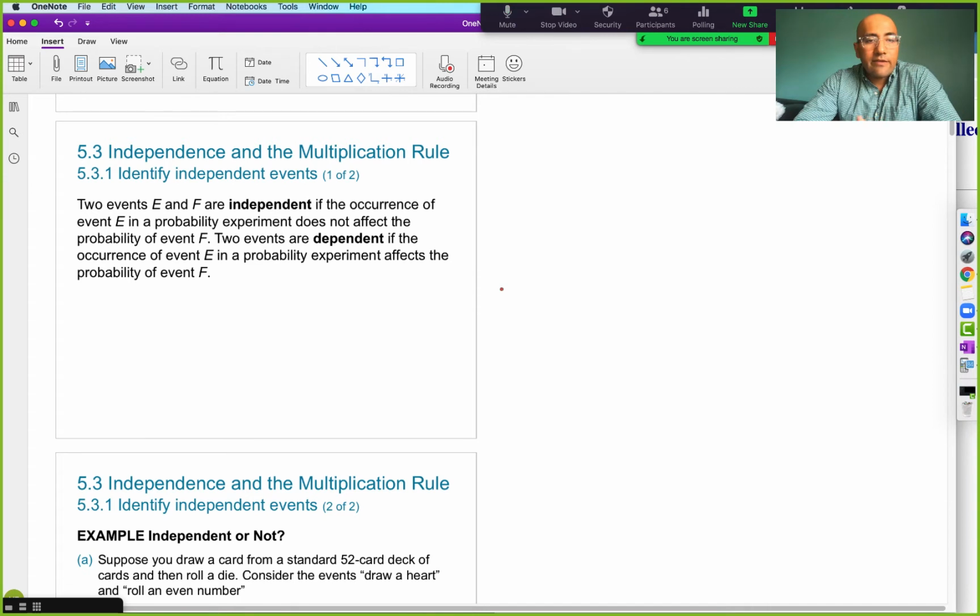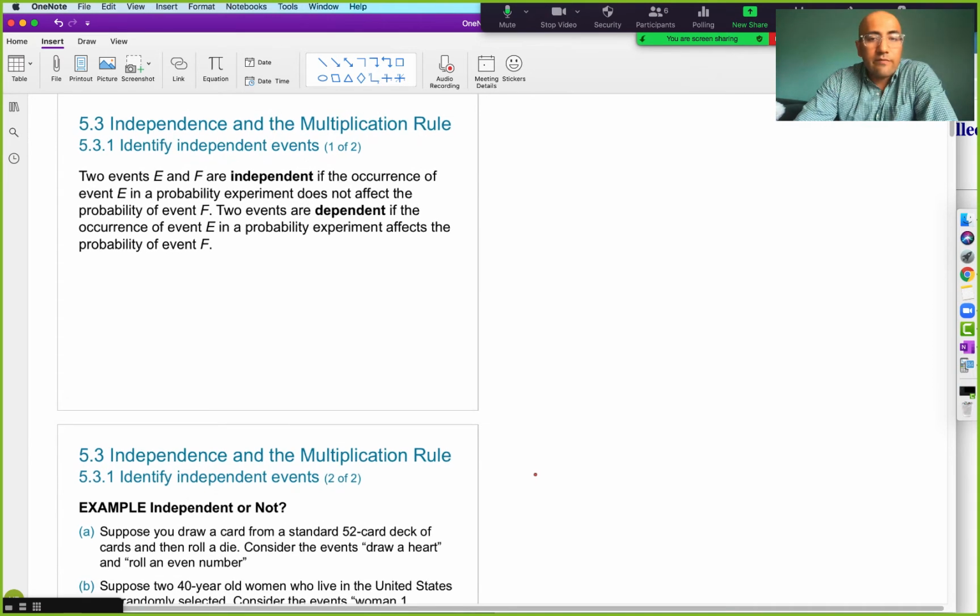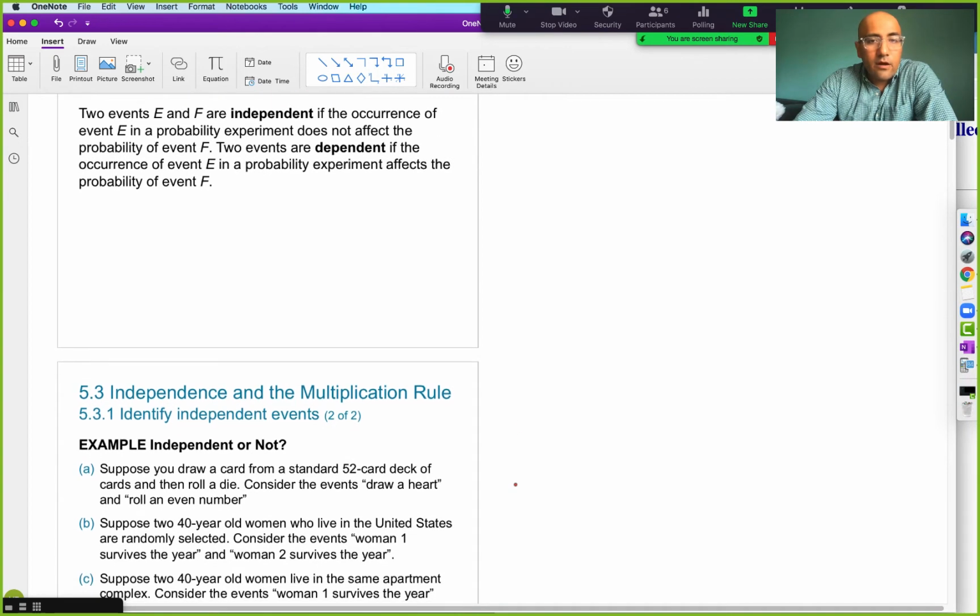And so now if we have event E and event F, that might be a simple event or it might be a compound event of their own, then we identify them as being independent if the occurrence of one of those events does not affect the probability of the other event. Okay, so let's look at some examples. Otherwise they are dependent. If the occurrence of one event does affect the probability of the other, then they are dependent.